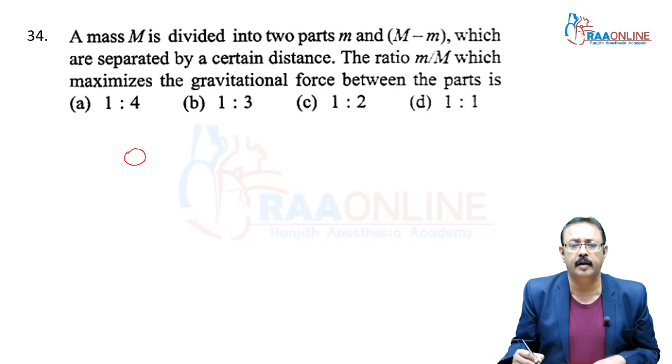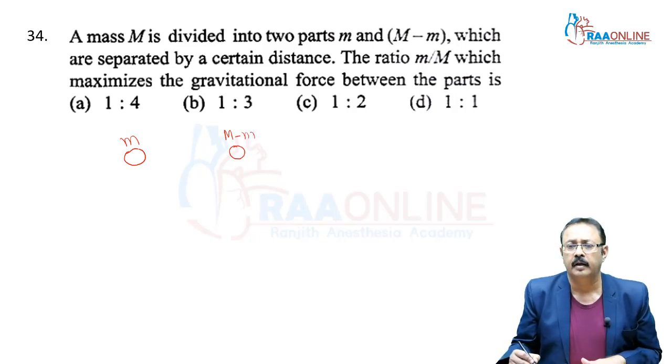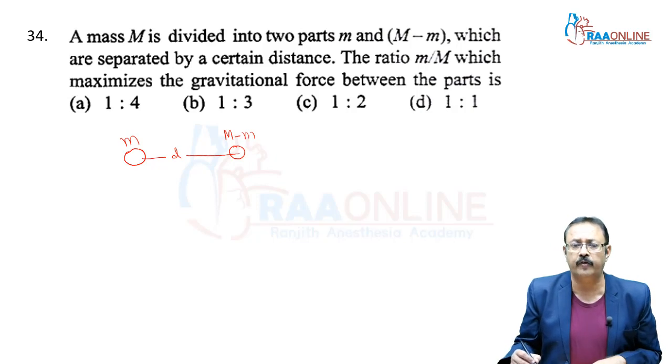It is M divided into two parts, it is m, and now it is M minus m. The distance between them is constant. So the ratio of m upon M, so that the gravitational force between the parts is maximized.